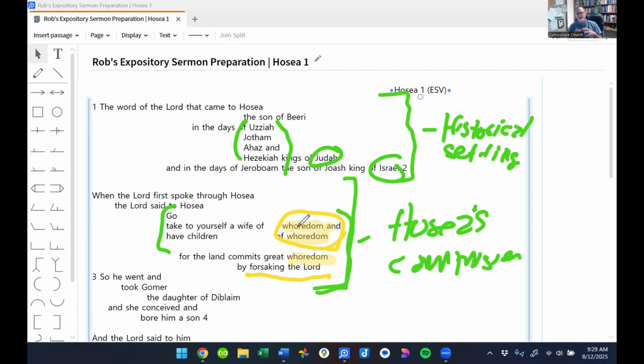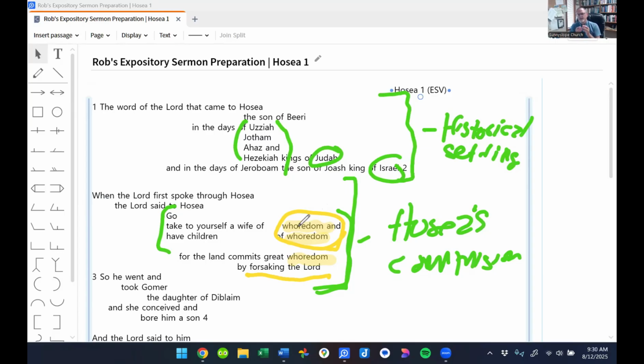So in other words, the first idea here is that God is reminding his people that his purpose and the relationship he desired with his people was to be that of husband and wife. He desired that kind of intimacy and fidelity and exclusivity that normally you would find within a marriage.